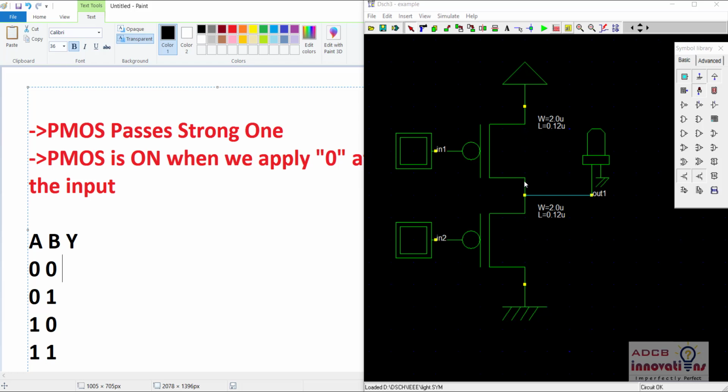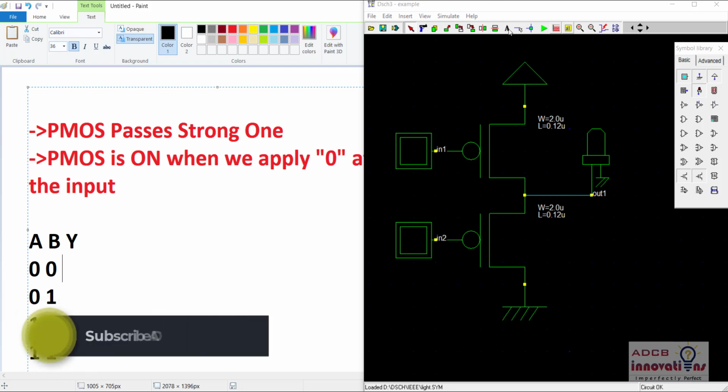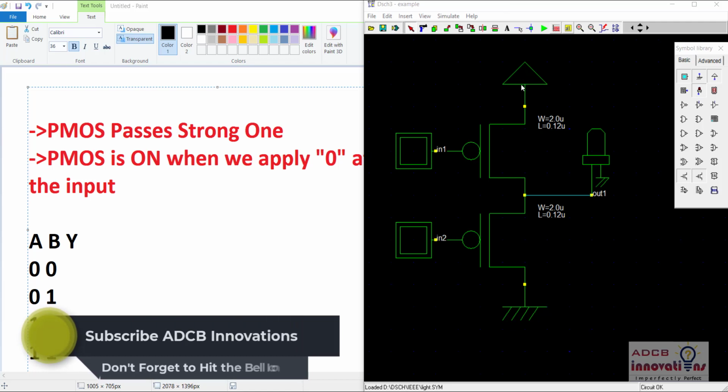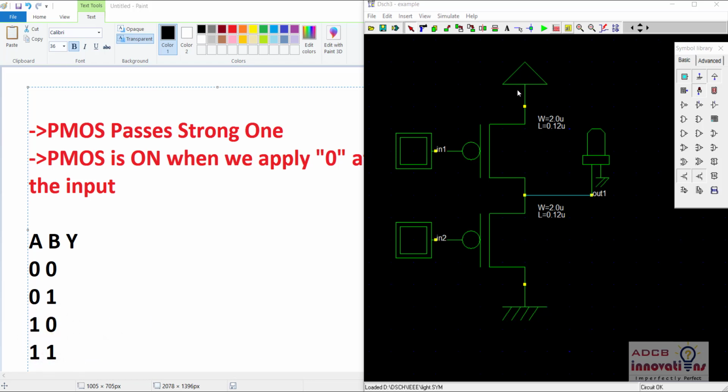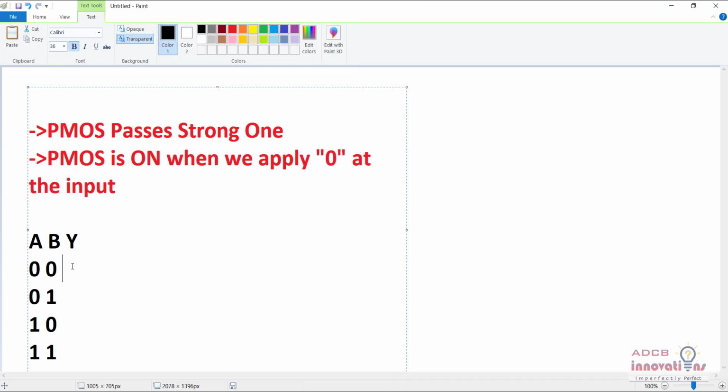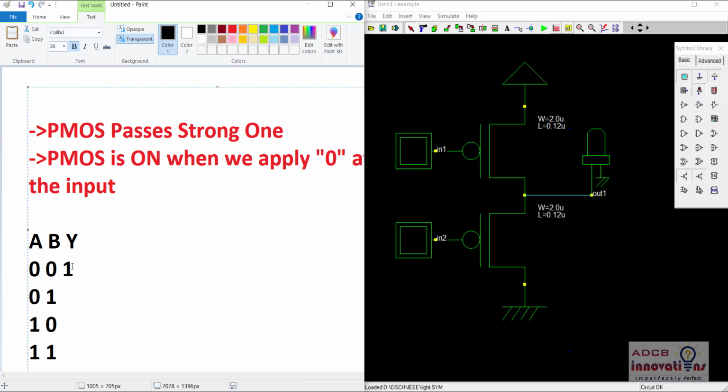So when both of them are on, the high voltage, that is the strong 1, PMOS will be able to easily pass, and thus we will be getting 1 at the output.